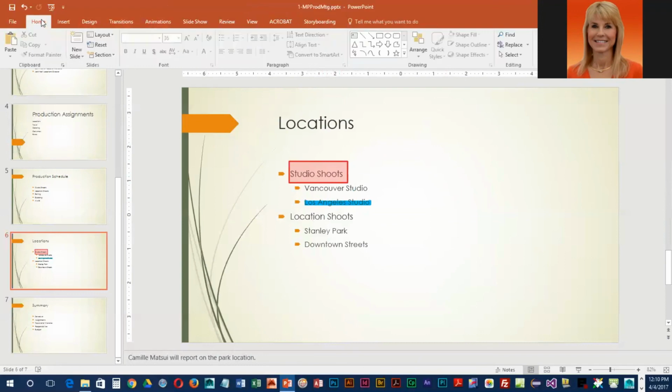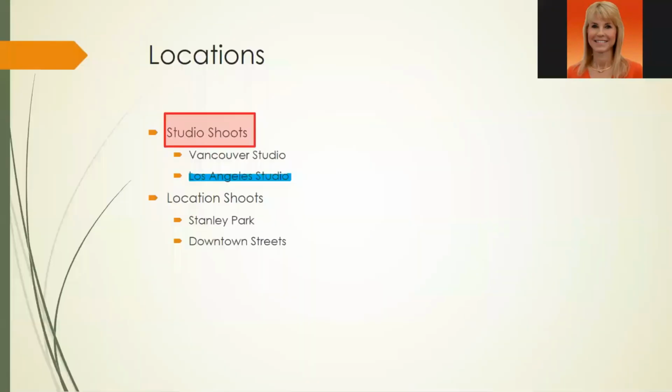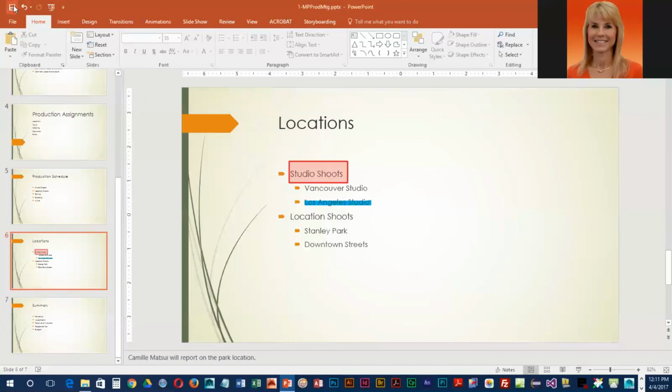And let me go to my home ribbon, and you will see that the box and the highlighting are still there. And if we were to run the slideshow from here, you would see that they are here as well. I'm going to escape here and save my changes.